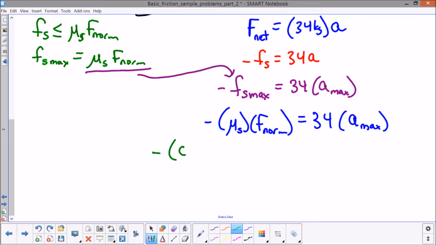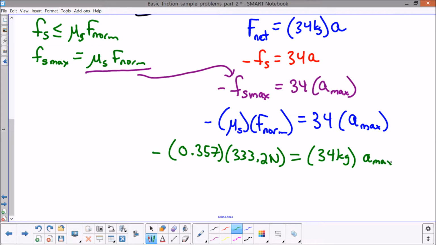So we have negative 0.357, the coefficient of static friction, times the normal force of 333.2 newtons, and that's going to equal 34 kilograms times the maximum acceleration. If we solve this for the maximum acceleration, we get that the maximum acceleration that the truck can have is negative 3.4986 meters per second squared.